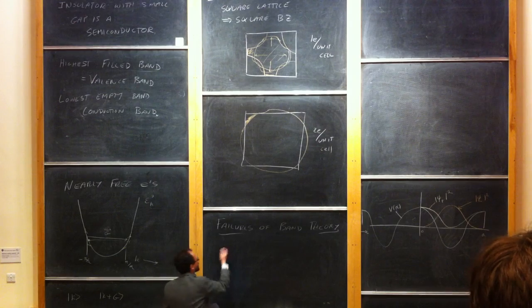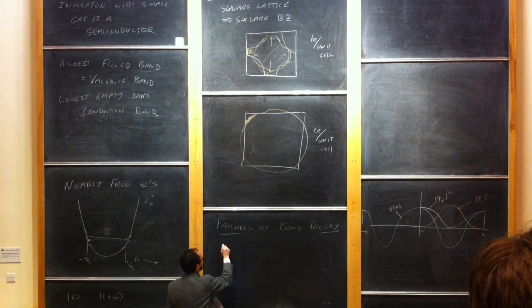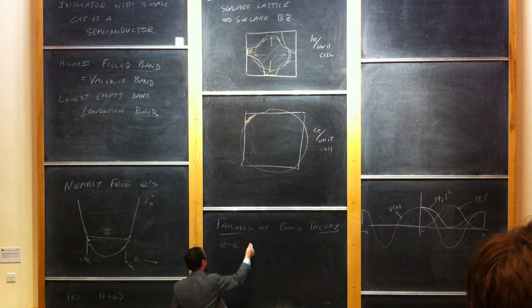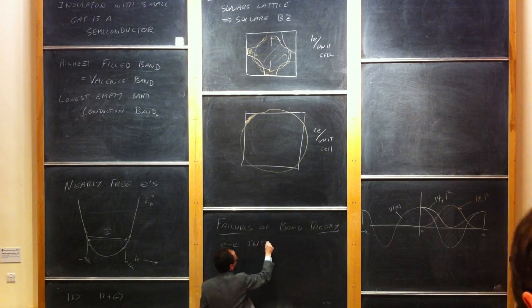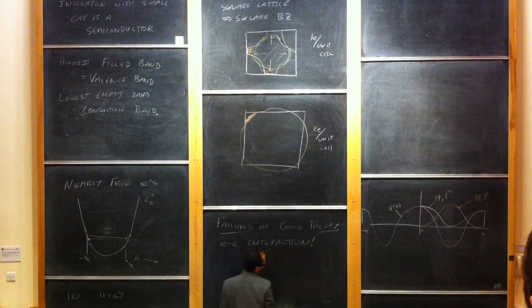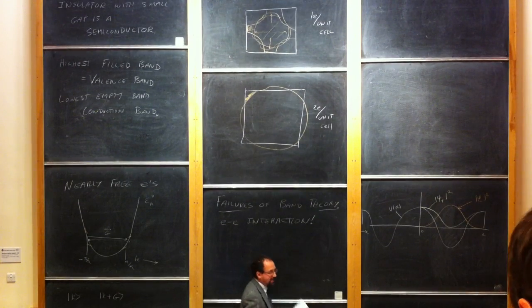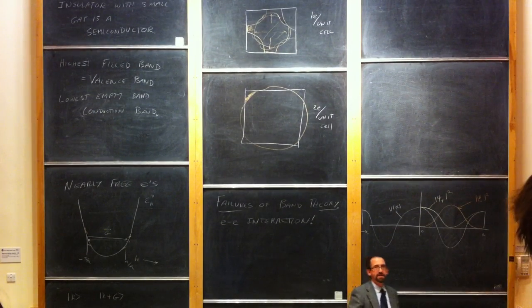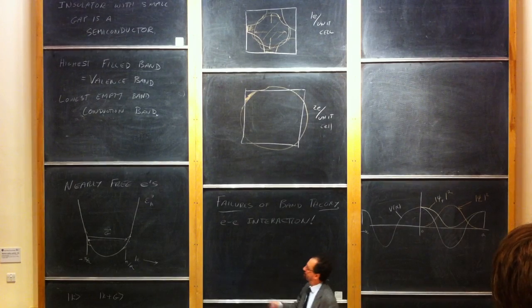And the main failure stems inevitably from electron-electron interaction, which we have completely ignored. Everything we've been considering treats electrons as completely independent particles that don't see each other by Coulomb interaction.